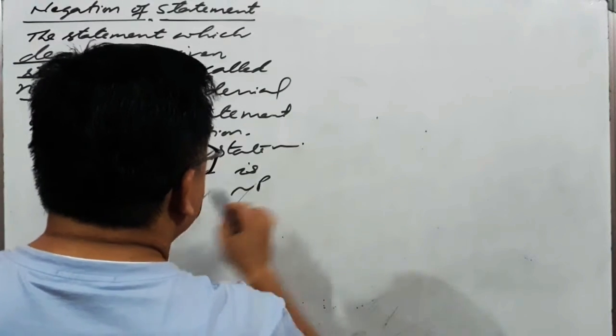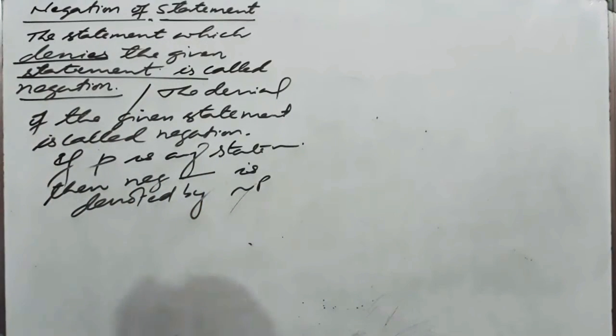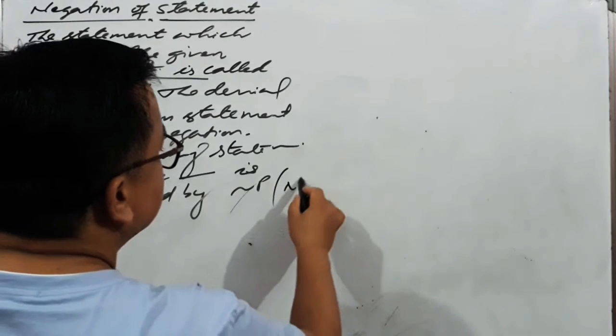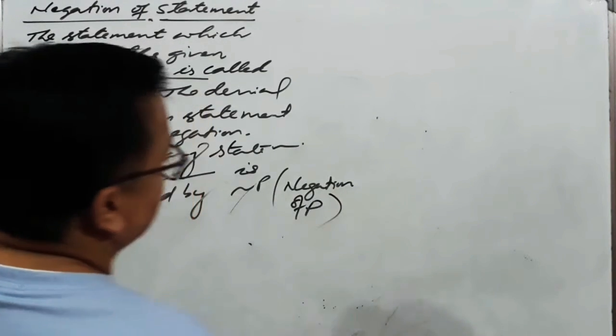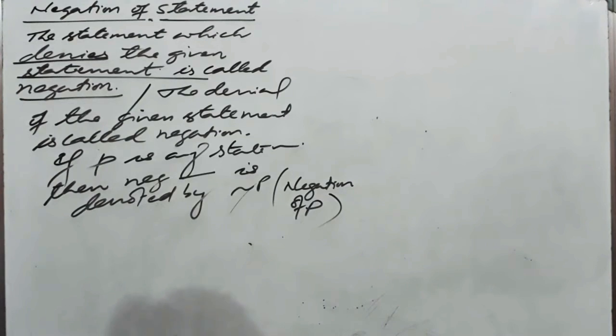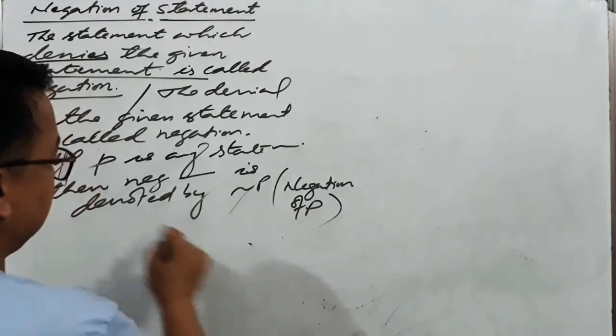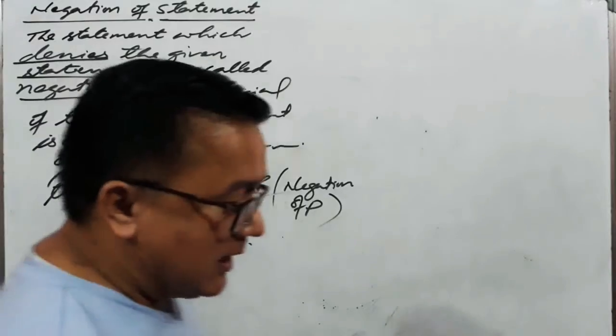This is called the negation of P, which means a denial of the given statement. I hope you are clear.